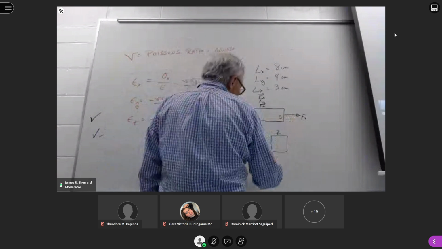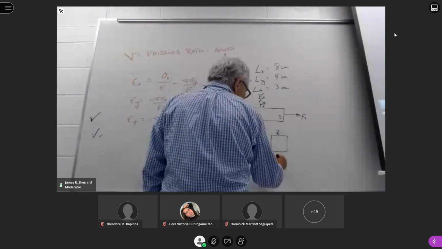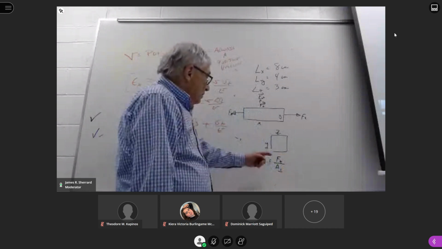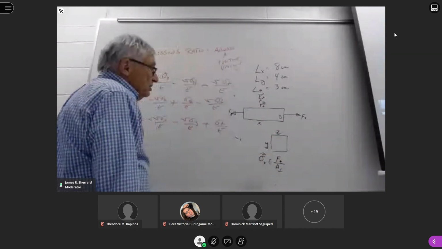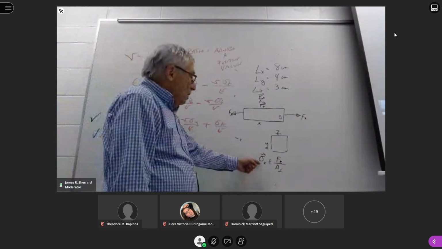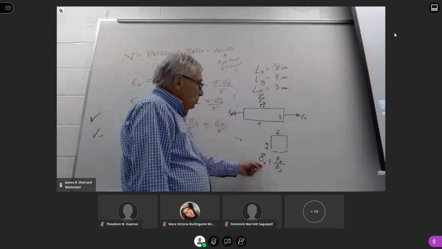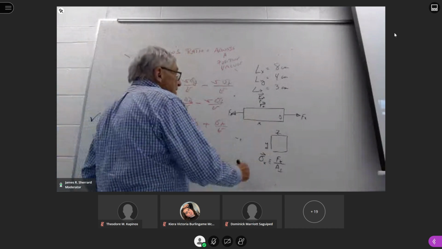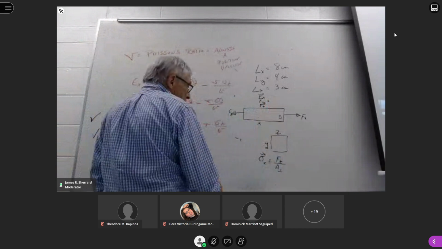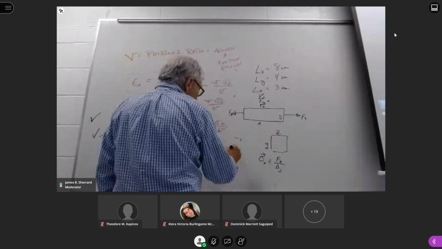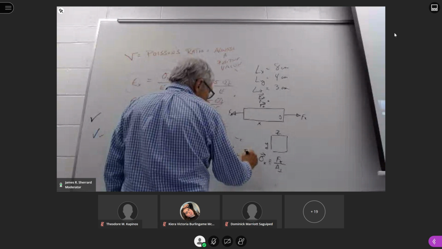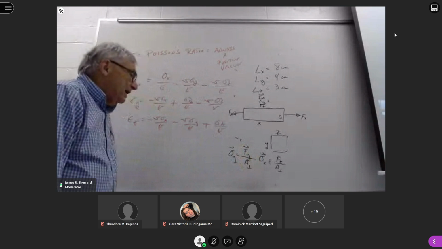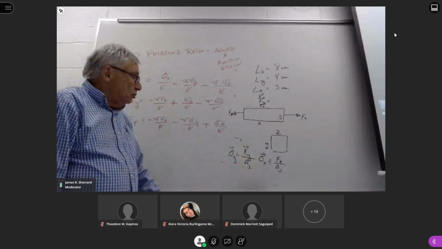I could look at the force divided by the cross-sectional area that it's acting on, and I could come up with the plane stress that's in that direction. If I gave you a force in the y direction, I could calculate the plane stress there.